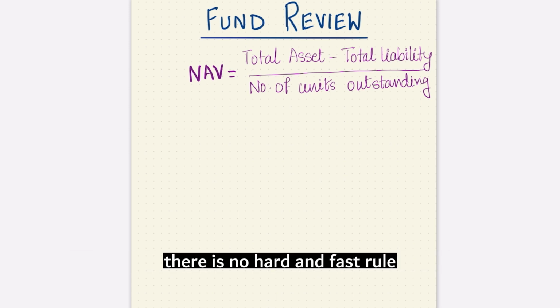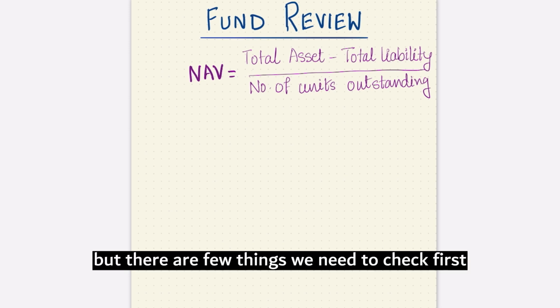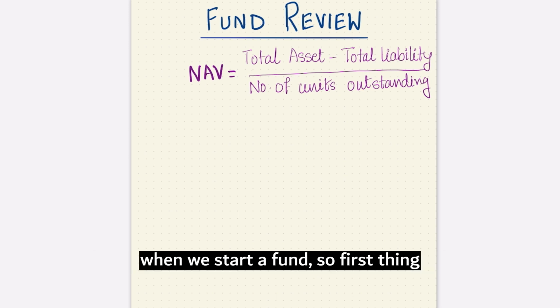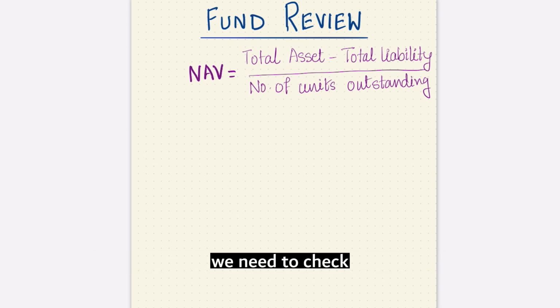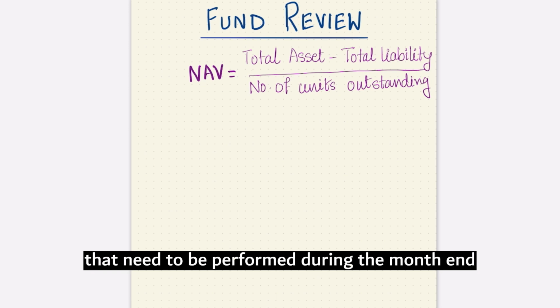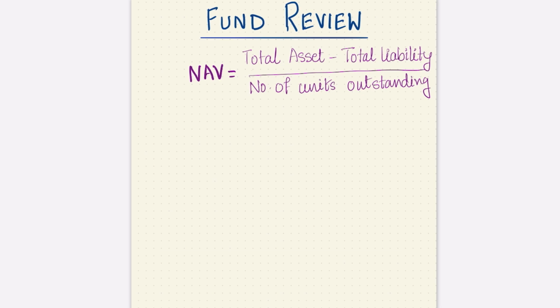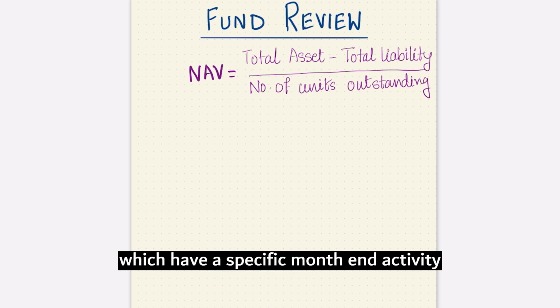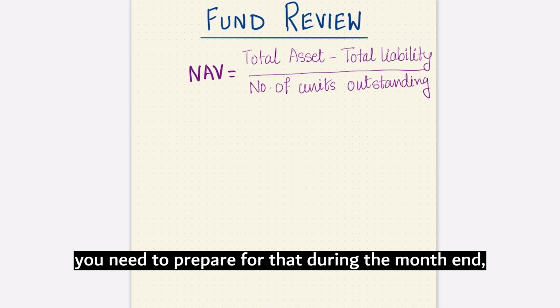There is no hard and fast rule on how to start the review of a fund, but there are a few things we need to check first. First, we need to check if the fund has any month end activity that needs to be performed during the month end. If you are working on a fund which has a specific month end activity, you need to prepare for that.